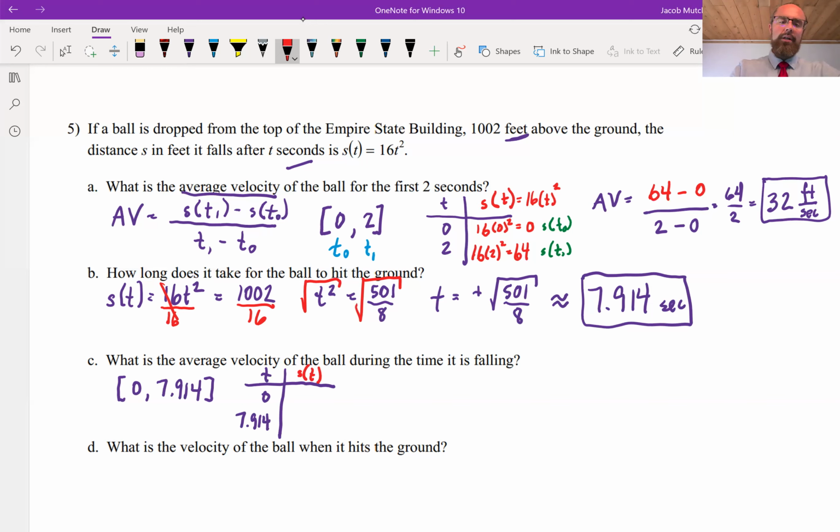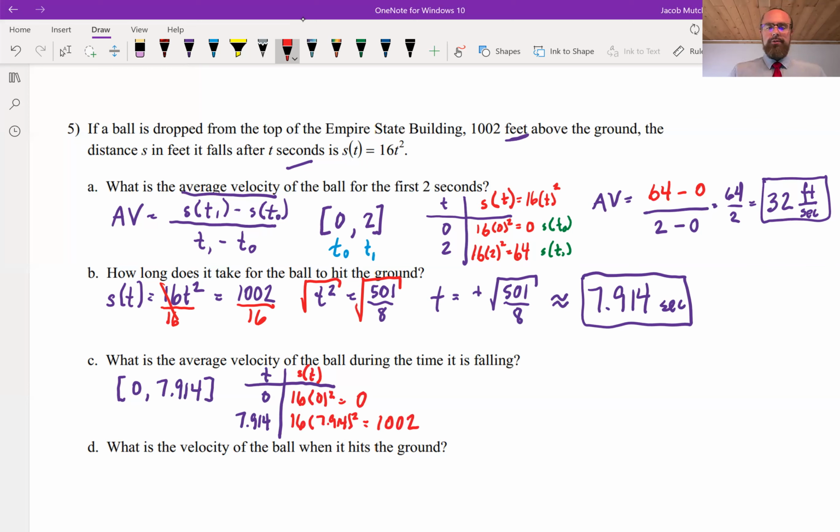I can put in 0 into the formula, 16 times t squared, so 0 squared, but that's 0 again. And then similarly, I could try to calculate 16 times 7.914 squared, but really, isn't that just the height of the Empire State Building, 1002?